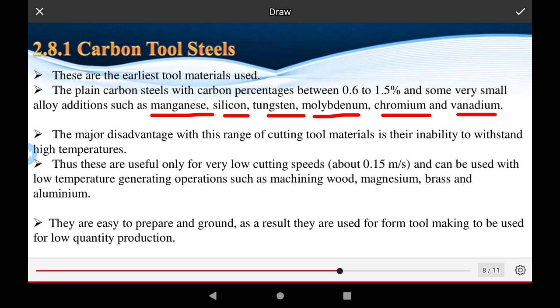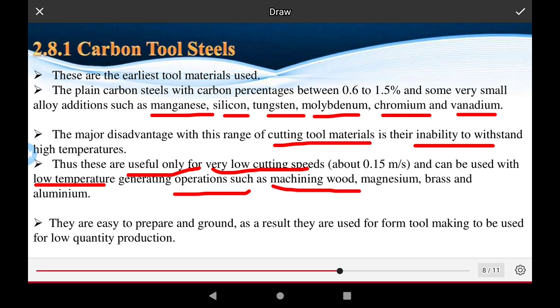The major disadvantage of this cutting tool material is its inability to withstand high temperature. Thus, they are useful only for very low cutting speeds, around 0.15 meter per second, and can be used with low temperature generating operations such as machining wood, magnesium, brass and aluminum.